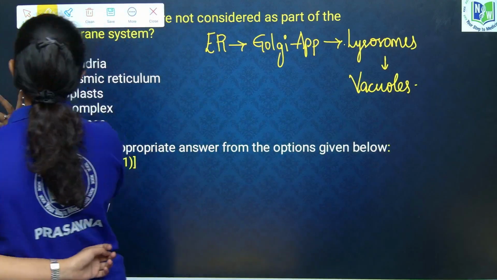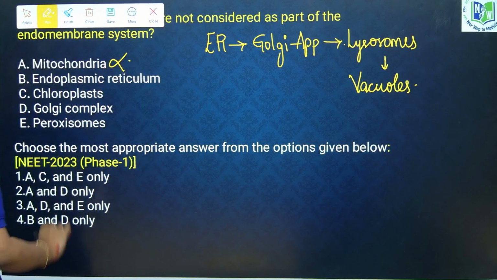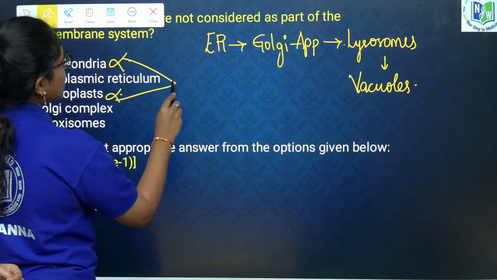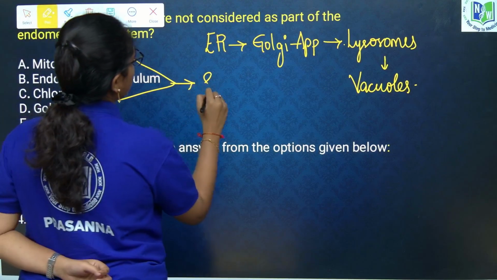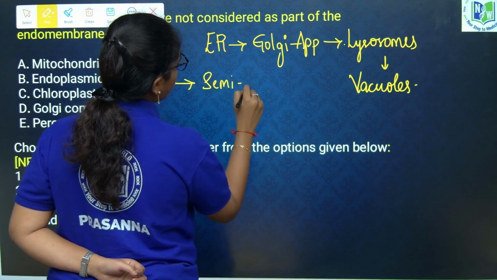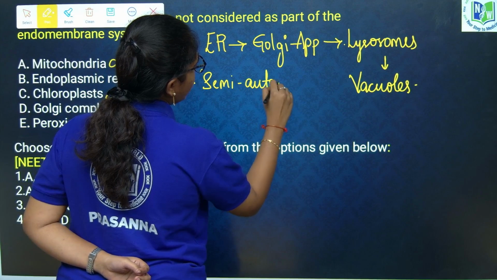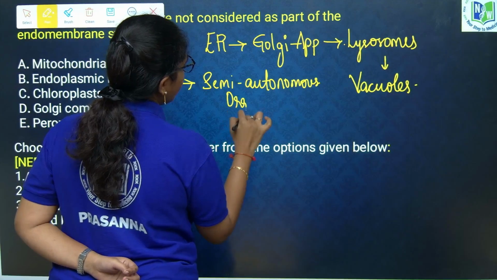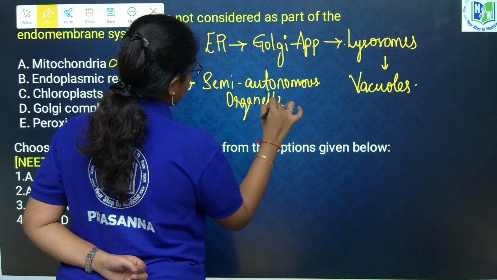They do not include mitochondria, which is a double membrane bound organelle, and chloroplast. These two are semi-autonomous or self-replicating organelles.